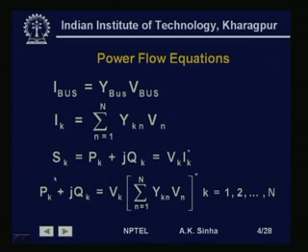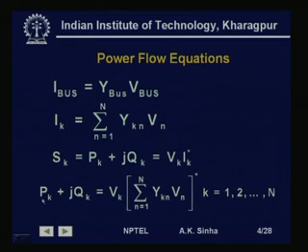From this equation we can write the complex power injection into a bus k is equal to P k plus j q k, where P k is the real power injection and q k is the reactive power injection. This is equal to V k into I k conjugate. Now, we know this I k from this equation here.